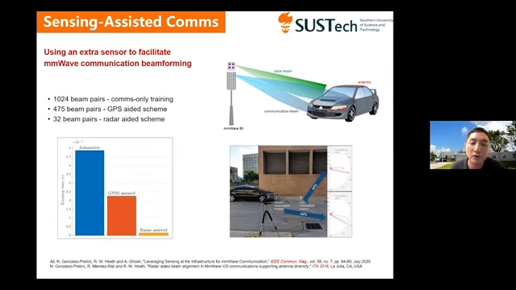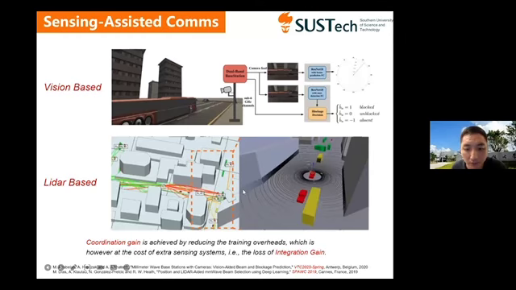And if you have some prior information provided by, let's see, GPS sensors, then you can reduce this beam pair searching to, let's see, 475 beam pairs. And if you're using the radar-aided scheme, then this can be further reduced to 32 beam pairs, okay? So this is to use an extra sensor to facilitate millimeter wave communication beamforming.